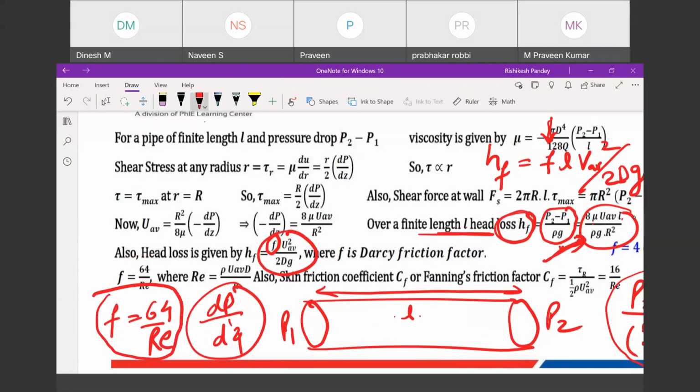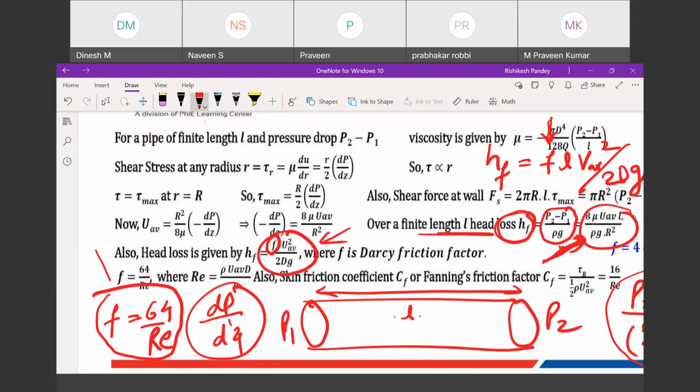It is 64 by RE in terms of Reynolds number. If you compare this one and this one and do the rearrangement, you will get this one, where RE is the Reynolds number, rho VD by mu. You may remember the Reynolds number equation, rho VD by mu. This V is average velocity only here.